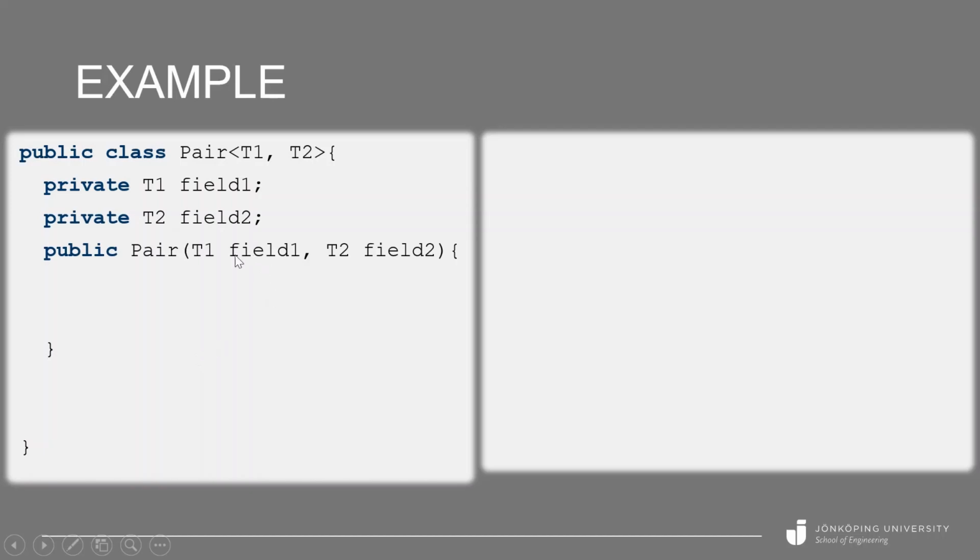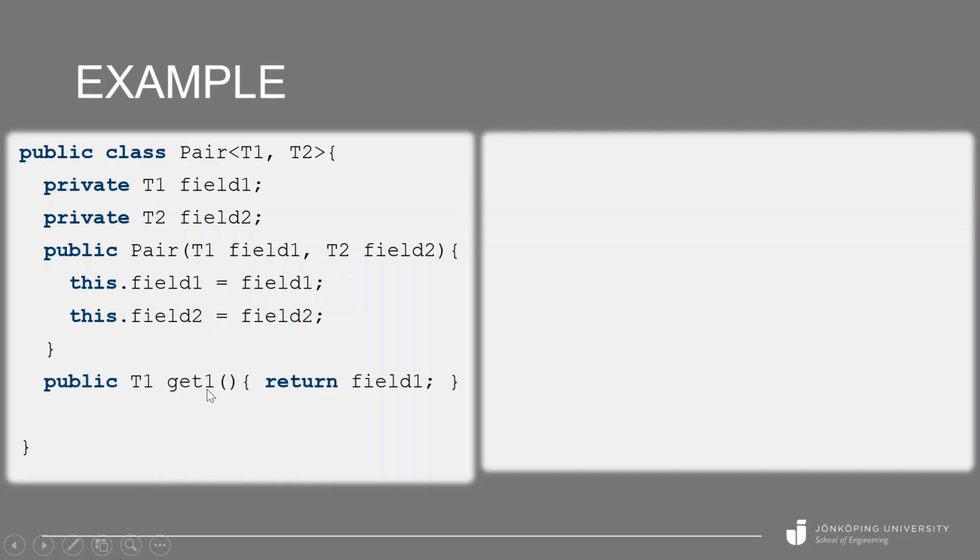Here we have a constructor that receives a value of type T1 and a value of type T2. And then we remember these values in these two instance variables. Then down here we have one method to retrieve back the value of the first one. So the return type of this method is T1 and something similar for the second one. So the return type here is T2.